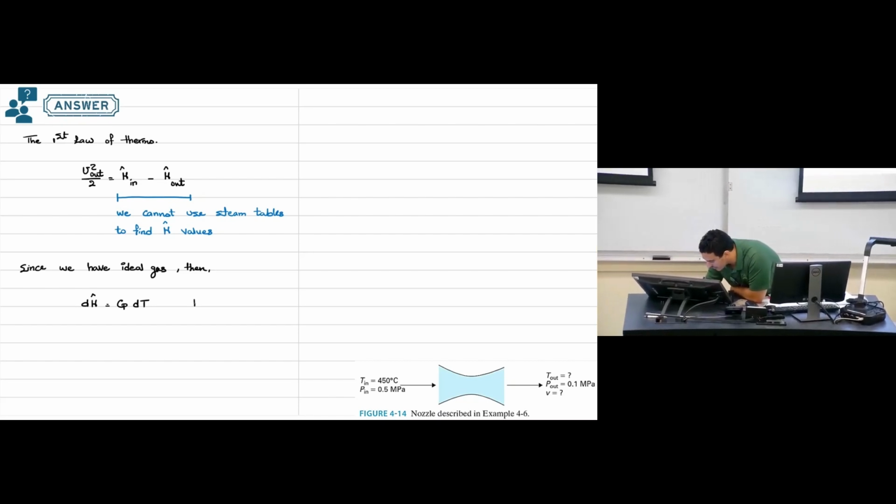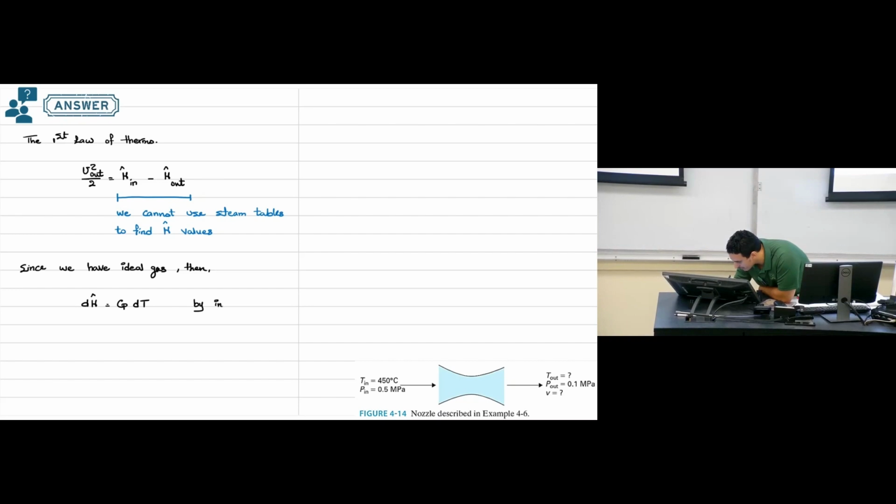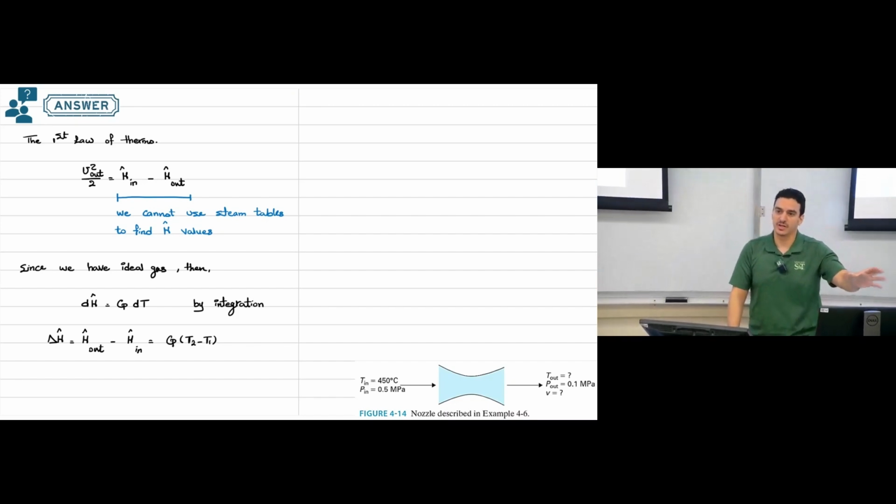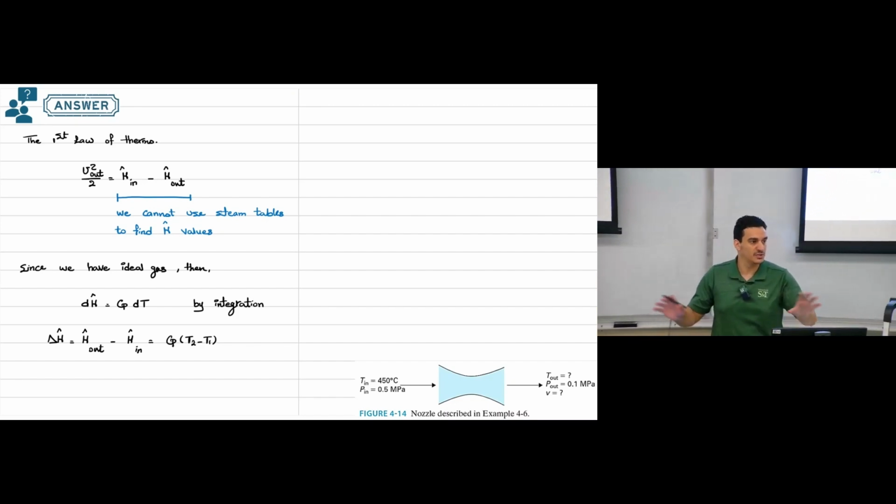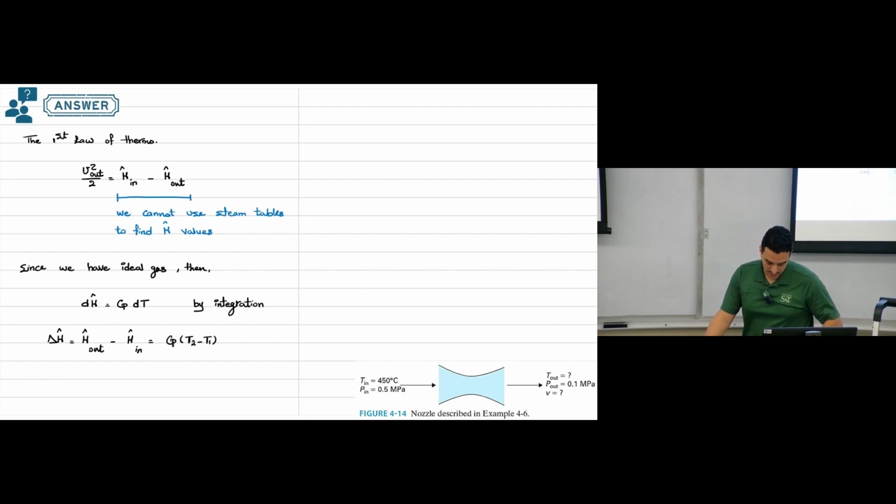Then we need to integrate this equation. By integration, we have delta H, which is H of the outlet minus H of the inlet, equals Cp times T2 minus T1. Cp is constant, so take it out of the integration of dT, giving T2 minus T1. Okay, so this is the equation we have.